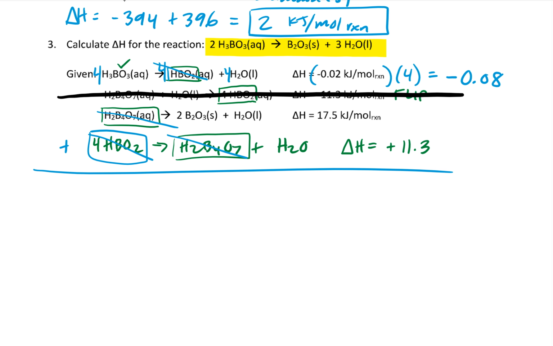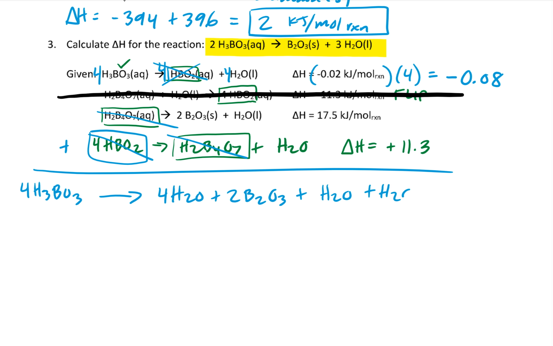What I have left are 4 H3BO3s. Any more reactants? No more reactants. Now for the products, that one's gone. I have 4 waters, and then I have 2 B2O3s. I have another water and another water.